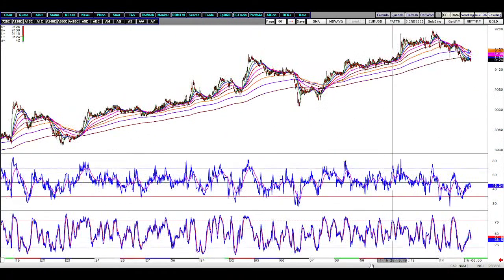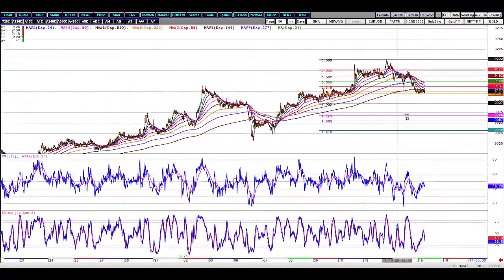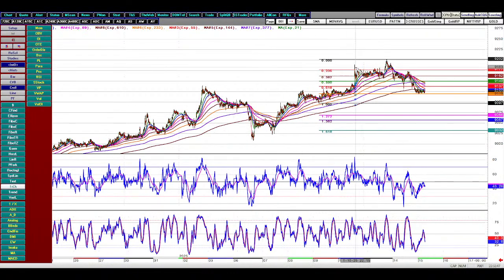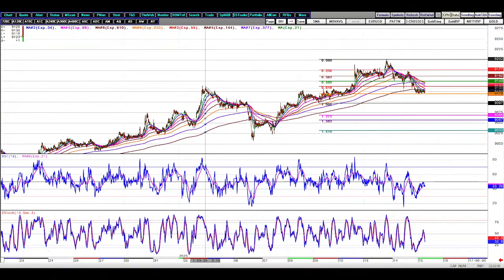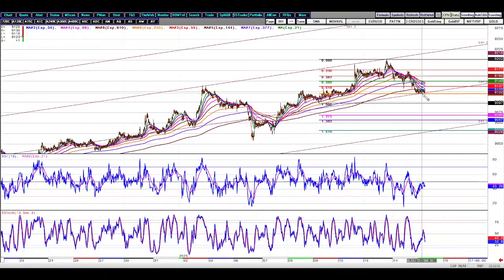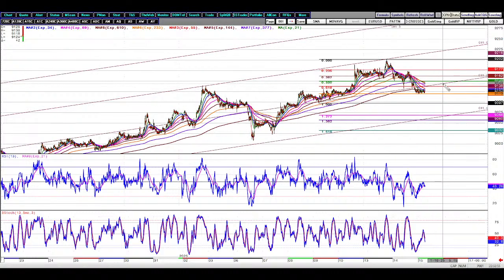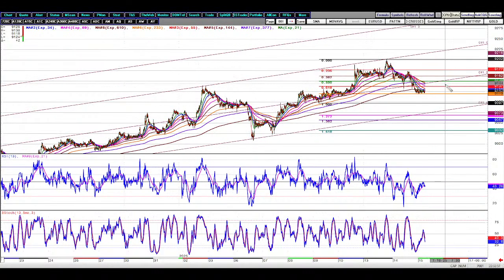Looking at the price action on the 15-minute, I think 91 should be a good level to buy. If not, let's see a projection. So 90.75 or 90.70 should be a final push. Then eventually this market should turn up.